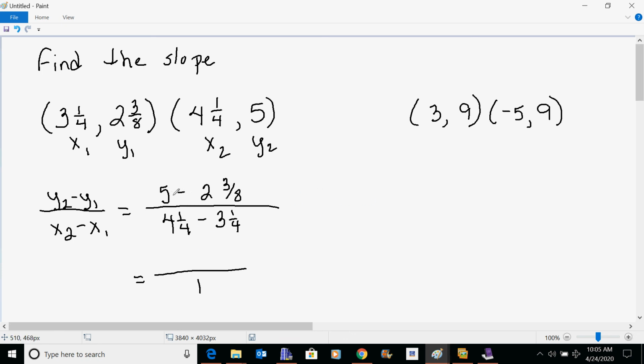Okay, 5 minus 2 3/8. Let's make improper fractions there. 5 is the same as 5 over 1 minus 2 times 8, 16, 19 eighths.